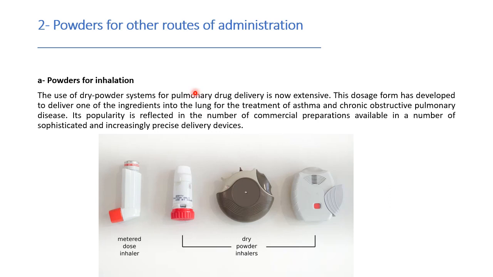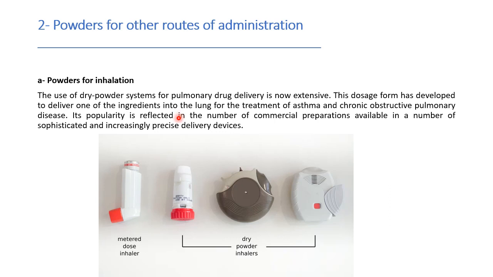Powders can also be intended for inhalation. The use of dry powder systems for pulmonary drug delivery is now very extensive. This dosage form has been developed to deliver one or more active ingredients into the lung for the treatment of, for example, asthmatic patients and chronic obstructive pulmonary disease.